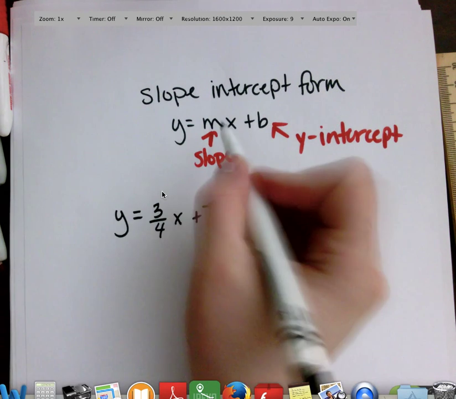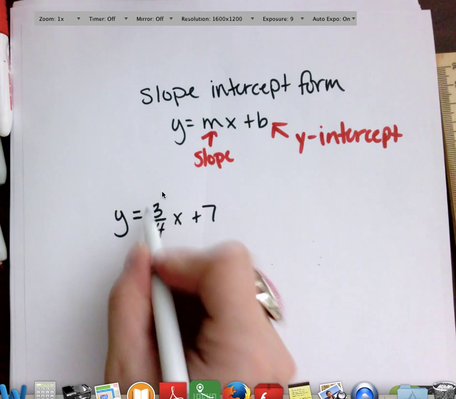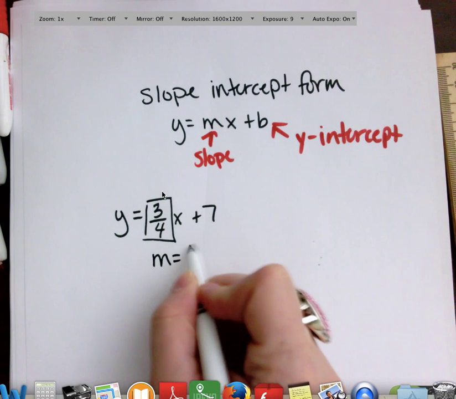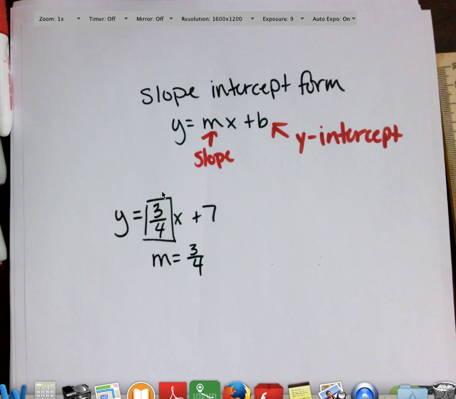Well, my slope is that value before x. So here, my slope is 3/4. It's not 3/4 x, it's just 3/4. The x is something entirely different. All right, it's its own value.